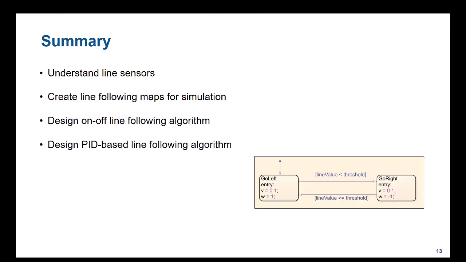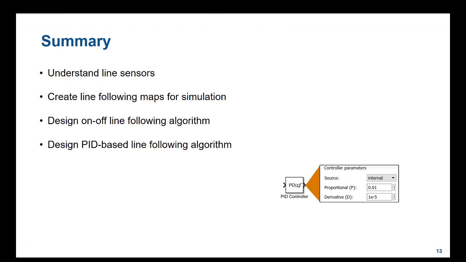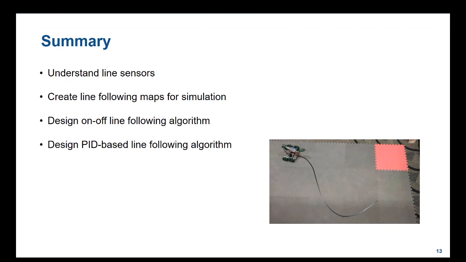We then looked at the on-off line following algorithm and implemented that using a Stateflow chart. And finally, we talked about using PIDs to perform line following and saw that it gave us a smoother behavior when compared to the on-off algorithm. In both these cases, we verified their performance on the hardware. This concludes this video. In the next video, we will talk about obstacle detection and avoidance.